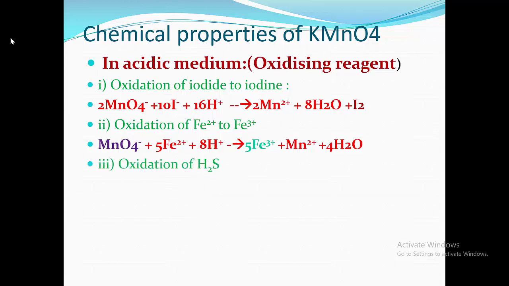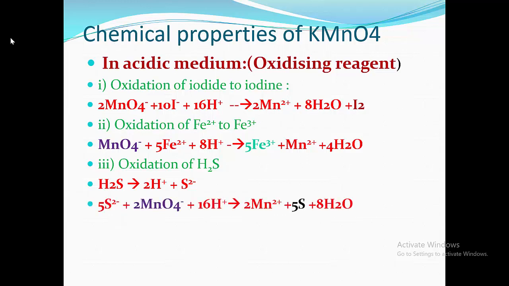Oxidation of H2S. H2S undergoes ionization to give 2H+ ions and one S2- ion. When KMnO4 is treated with this H2S in acidic medium, the following reaction takes place: 5S2- + 2MnO4- + 16H+ gives 2Mn2+ + 5S + 8H2O.